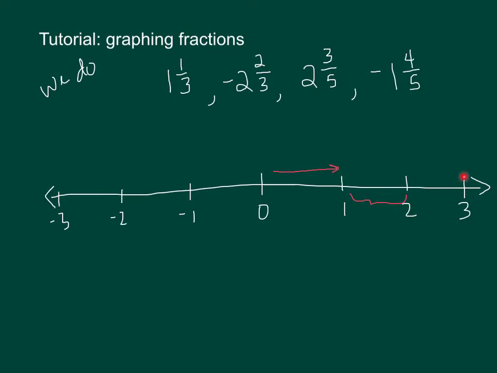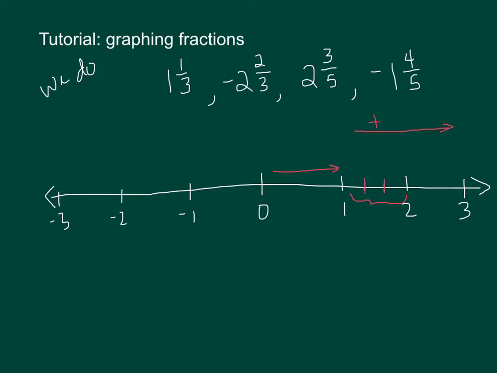Now what we need to keep in mind is we're in positive land, and in positive land, our movement goes this direction. And our fraction denominator tells us how many equal pieces we're cutting this into. Like if it were a full candy bar, we're going to split it into 3 equal pieces. So we're going to split that into 3 equal pieces.